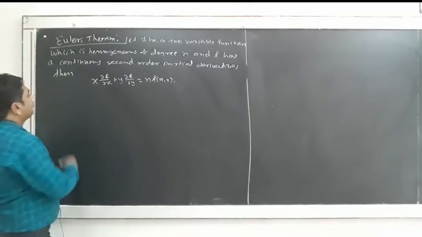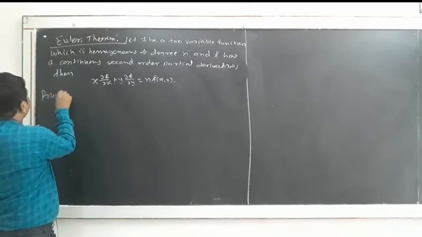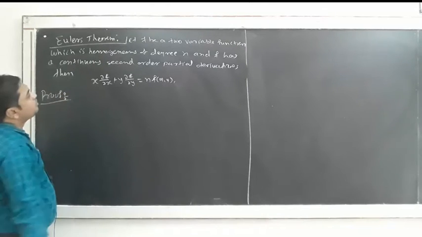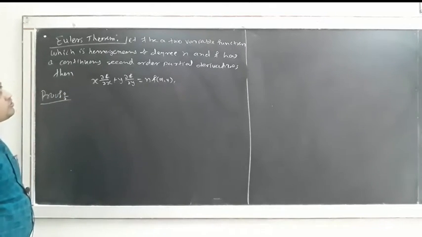Okay, so now we write the proof. What is given? F is a two variable function and it is homogeneous of degree n.